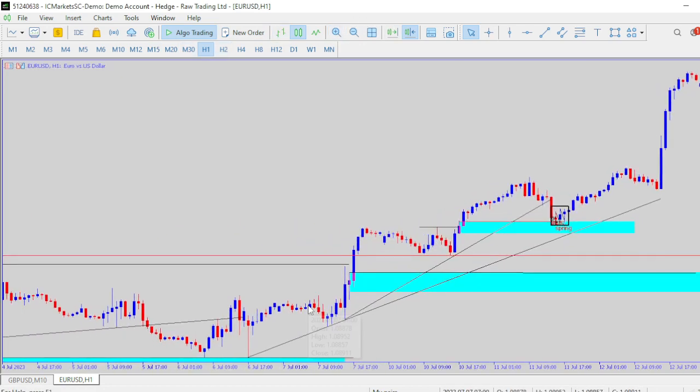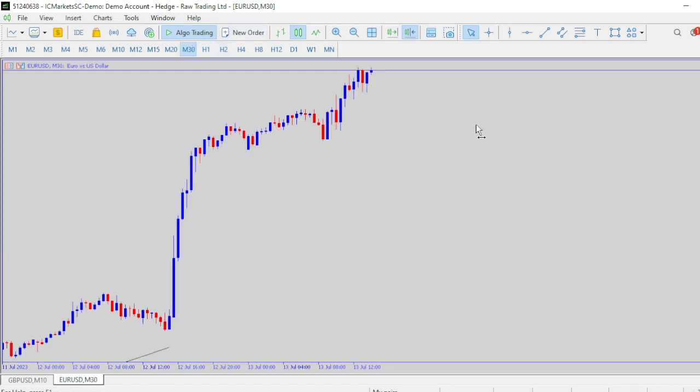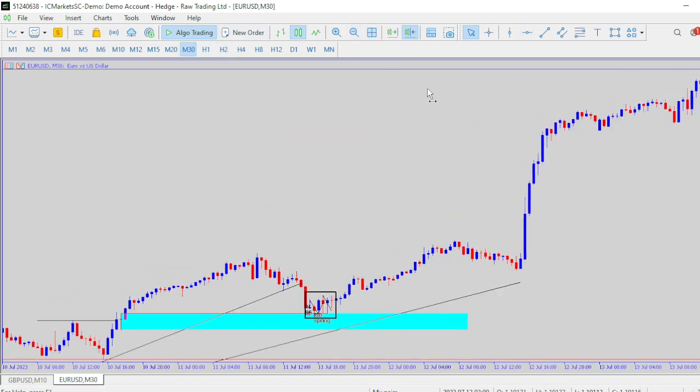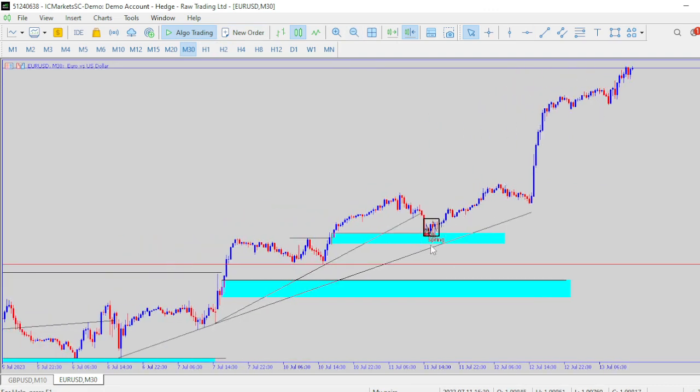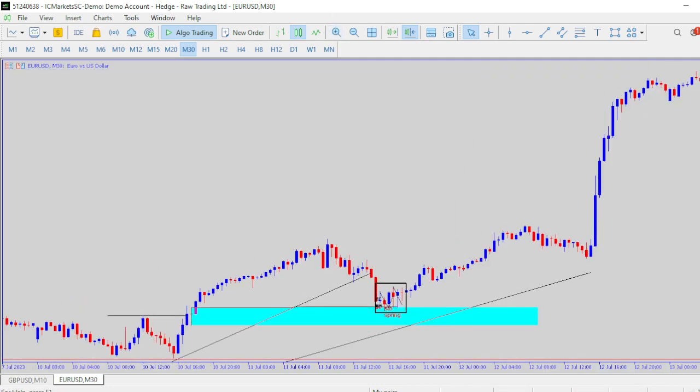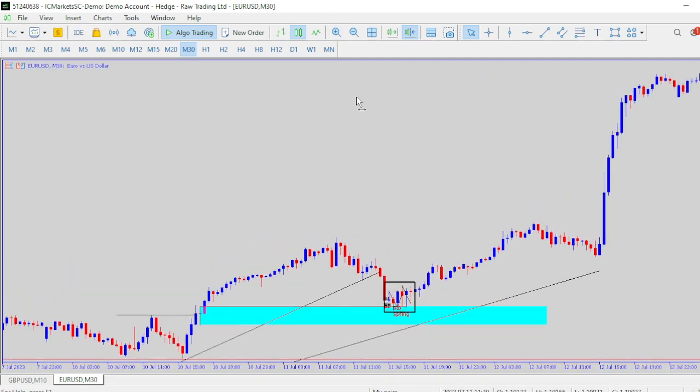I have two liquidity generations, this one and this one. But after the manipulation of the first trend line, I wait for a reaction on this M30 point of interest, because we react, we do not speculate.